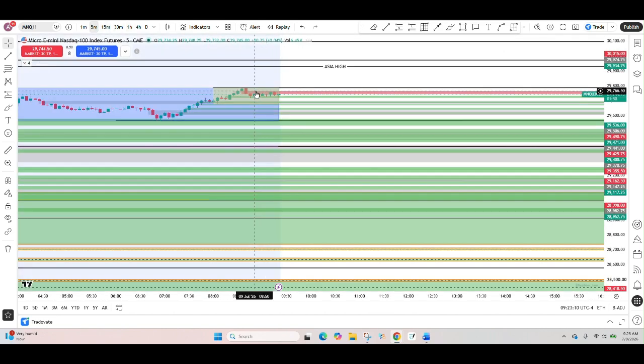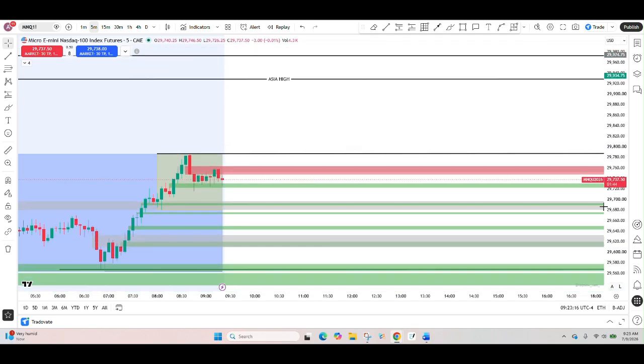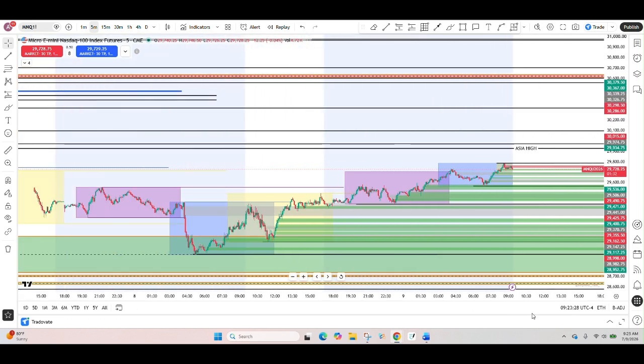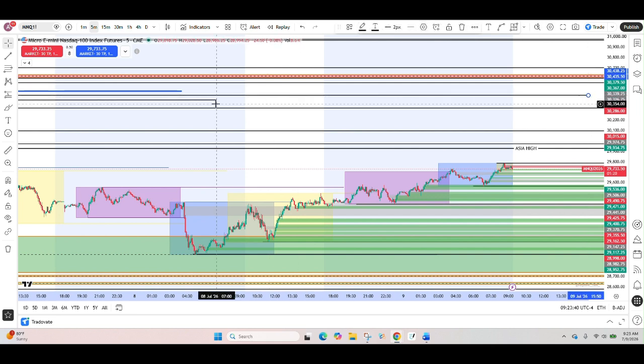Okay, dropping down now to the 5 minute to put our entries. So it looks like I want to go back some and see if there are any fair value gaps that should be in this area because it's looking kind of empty right now. We have some lines that can be moved over. Not moved over, but like extended.